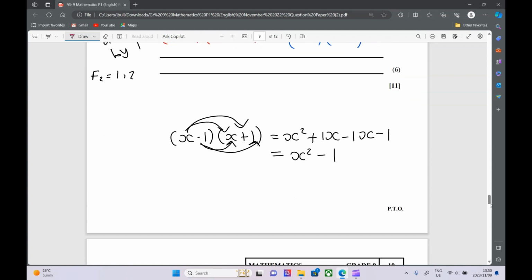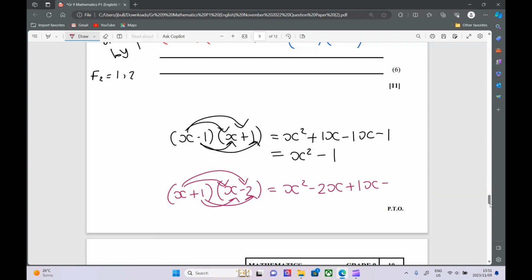If we then do it with the new signs, so x plus 1, x minus 2, we're going to get x times x is x squared. X times minus 2 is minus 2x. 1 times x is x. And 1 times minus 2 is minus 2.